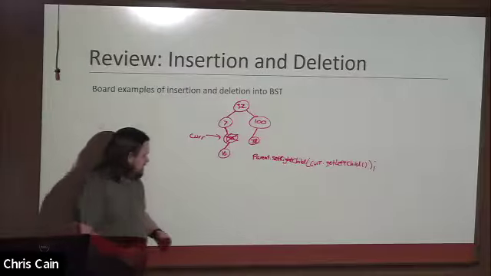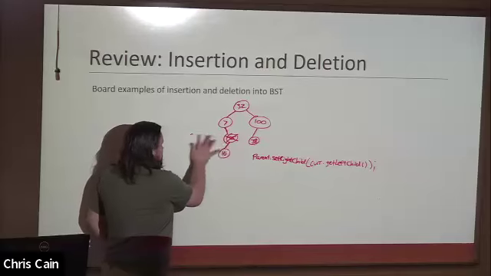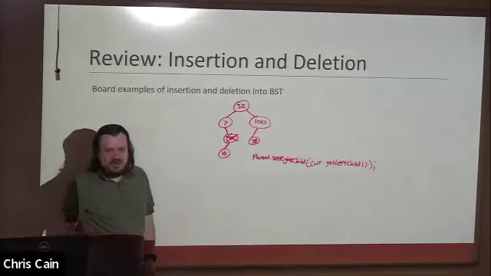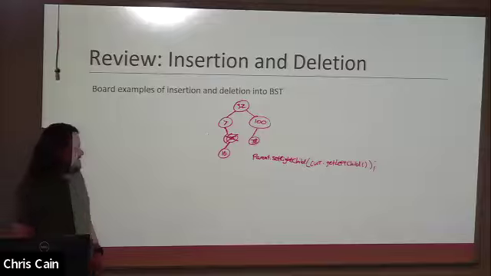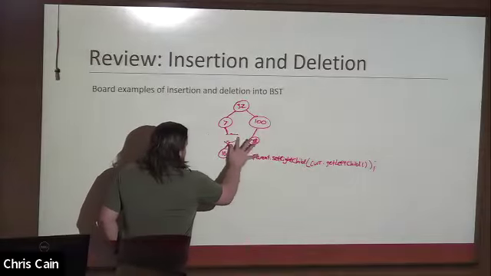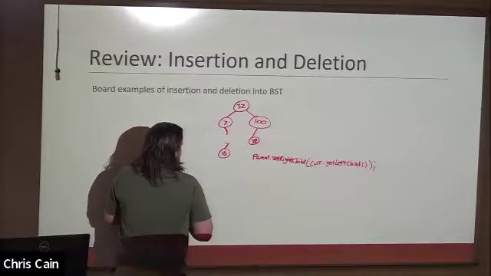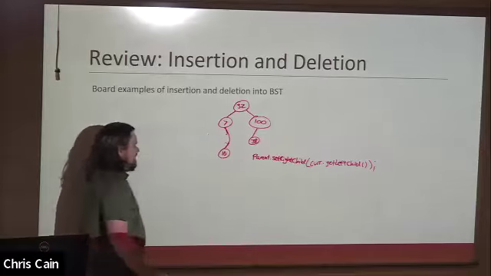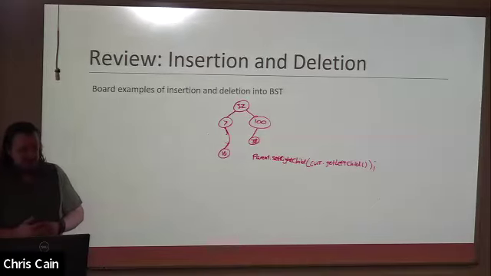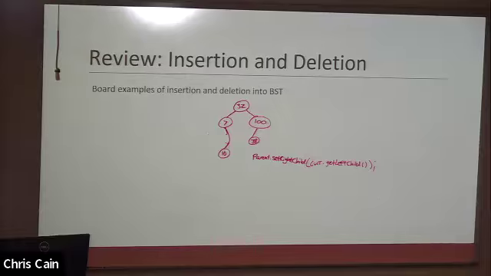As cur leaves scope, there's now no reference to this node anywhere. So Java's garbage collector will come suck up the 25 and free that memory. And that is now our tree. So no further information or work is necessary to do that. So the one child deletion case is also fairly straightforward.